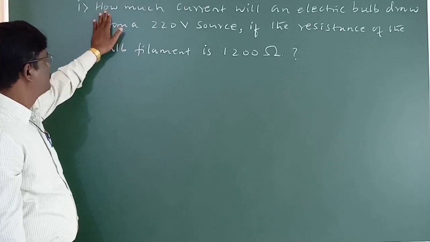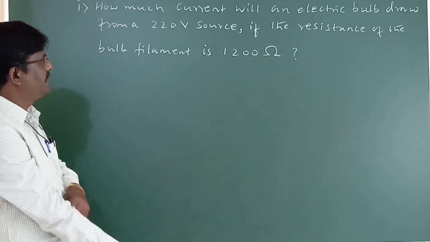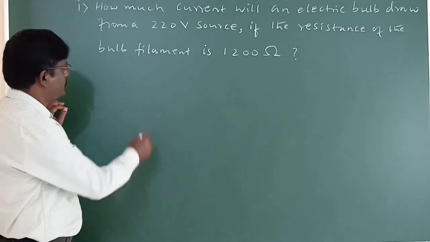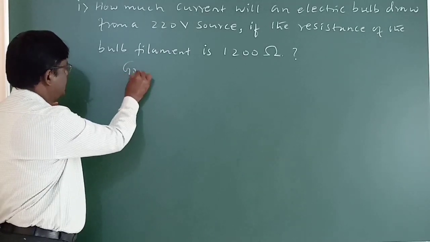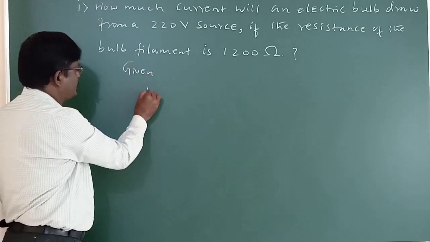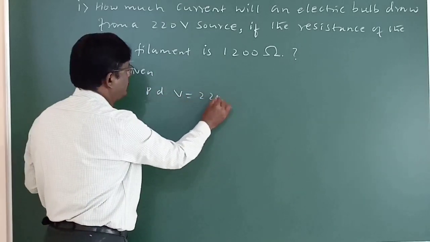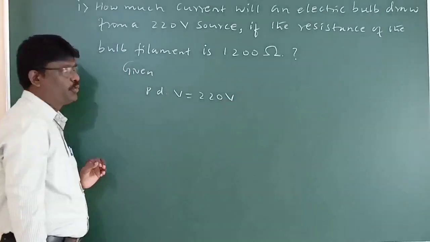First one: how much current will an electric bulb draw from a 220 V source? Here, the given potential difference is 220, whose symbol is V and SI unit is volt.